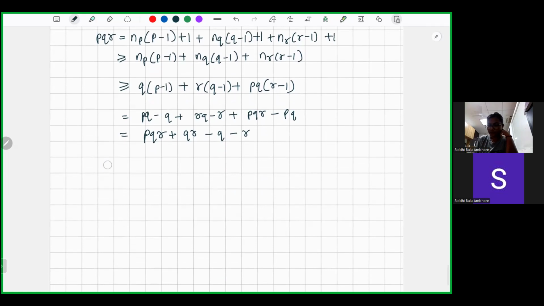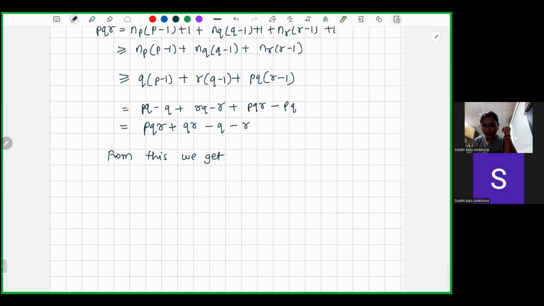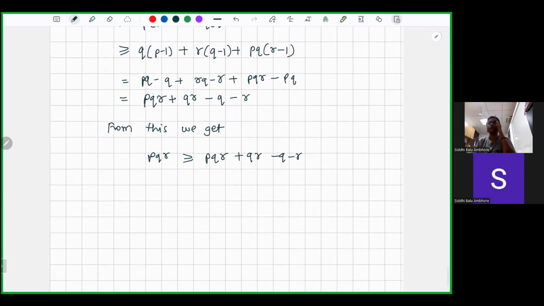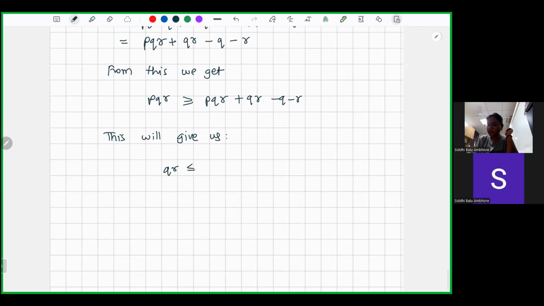So from this, what I get is that PQR is greater than or equal to PQR plus QR minus Q minus R. And then this will give us Q plus R greater than or equal to QR.